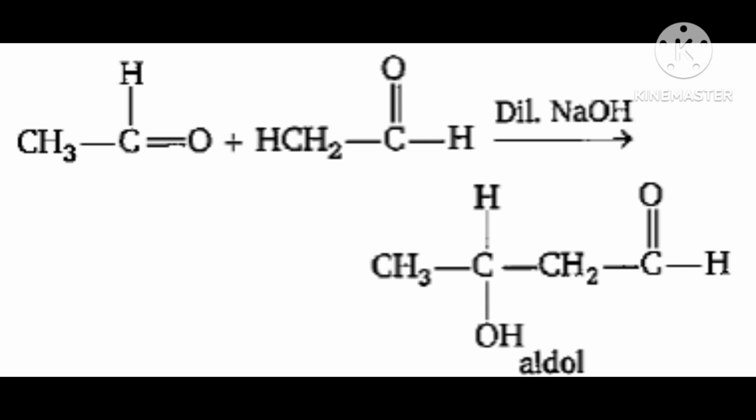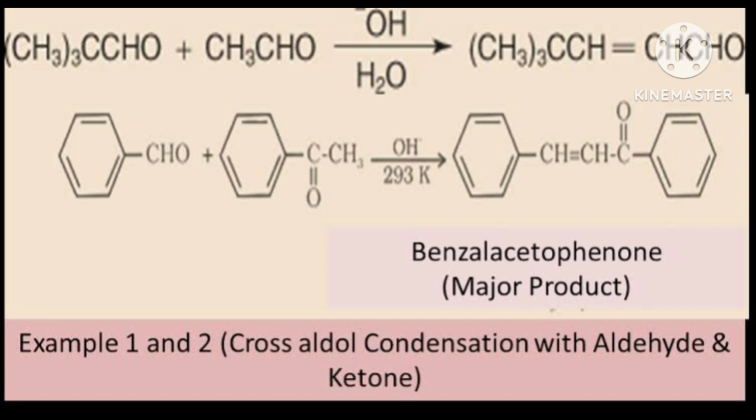Just like beta hydroxy aldehyde, if you are taking aldehyde, then it will form beta hydroxyaldehyde. If you are taking ketone, then it will be called beta hydroxyketone. It is also called ketol, just like aldol.